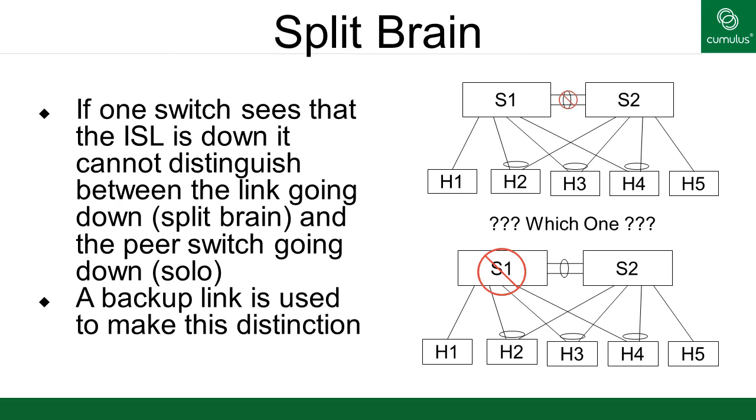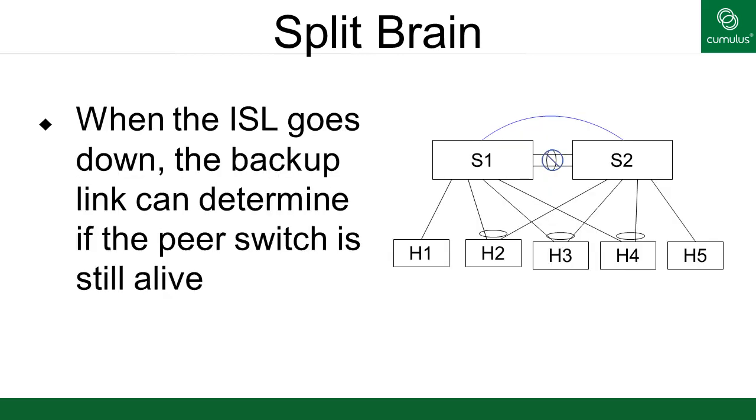So how do we tell between these two scenarios? Well, we allow an optional, or I should say recommended, backup link. This is shown with this blue line between S1 and S2. So not only can you have the ISL peer link, but you can have this backup link. And the backup link, all it does is send a heartbeat.